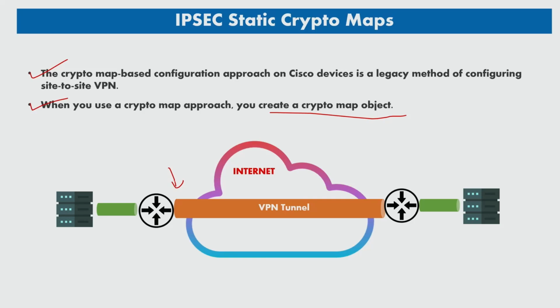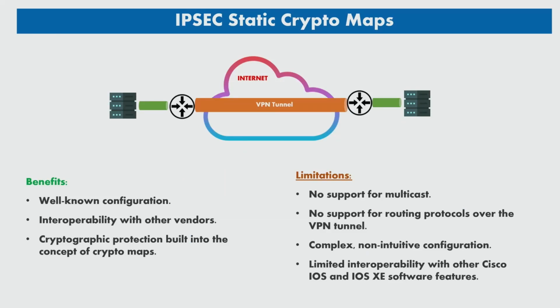This legacy approach is still used in many IPsec VPN implementations. Because of its ubiquity, it is well known to network administrators and is interoperable with many vendors. So crypto maps have the following benefits when compared to other configuration approaches: it is well known in terms of configuration, it has interoperability with other vendors, and the cryptographic protection is built into the concept of crypto maps.